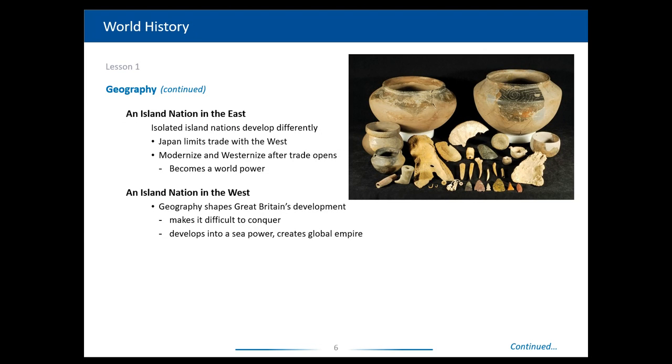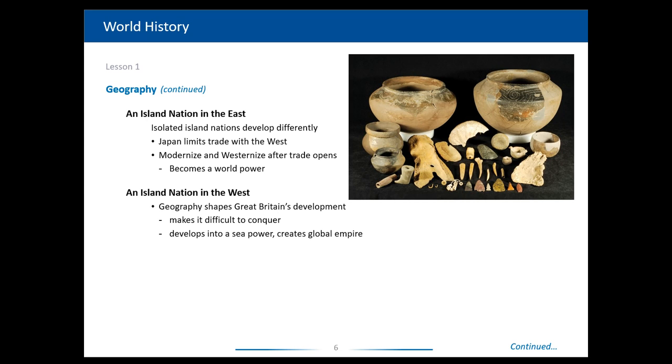Geography also affects how places develop. For example, if you look to the east and you look at places like Japan, you will notice that they did not modernize or westernize until after they had exposure to Western cultures.